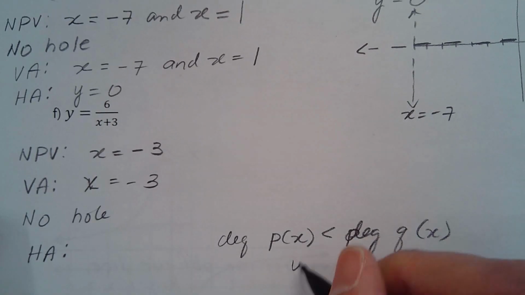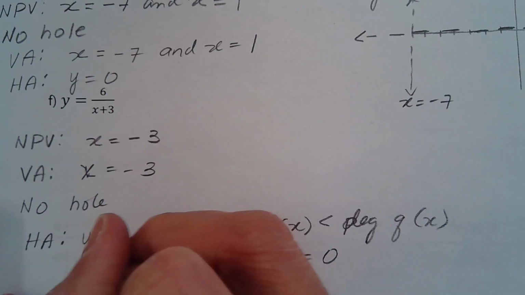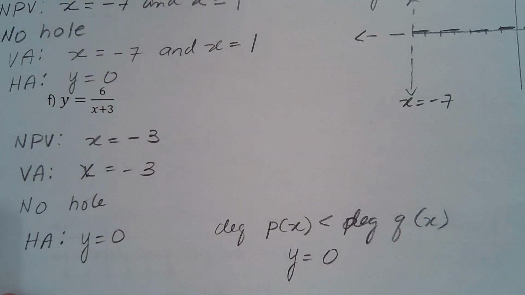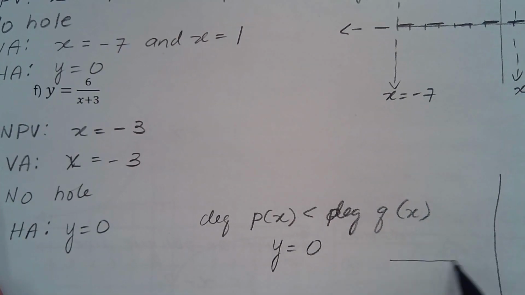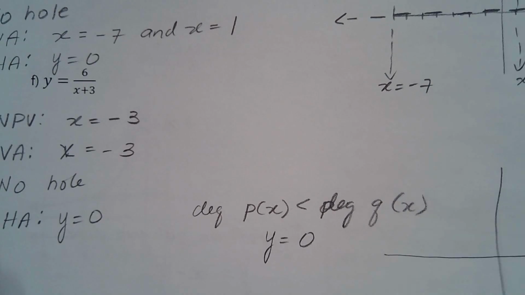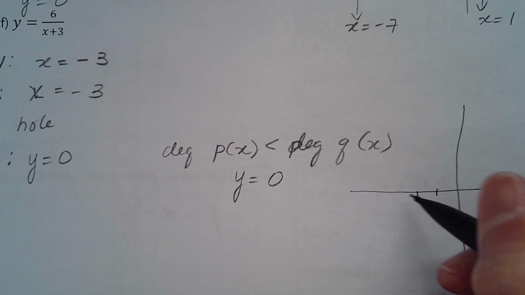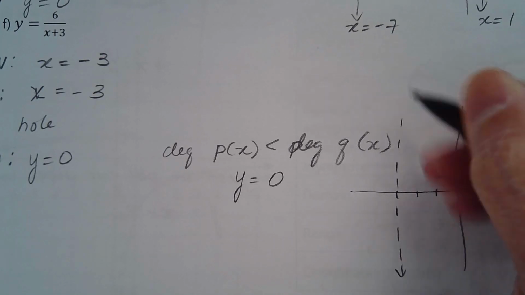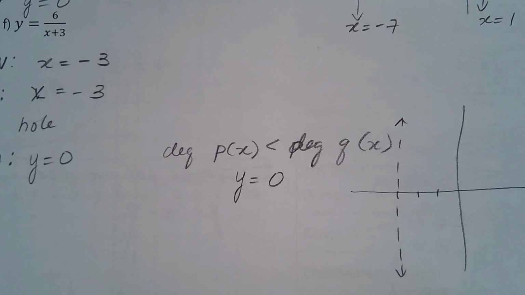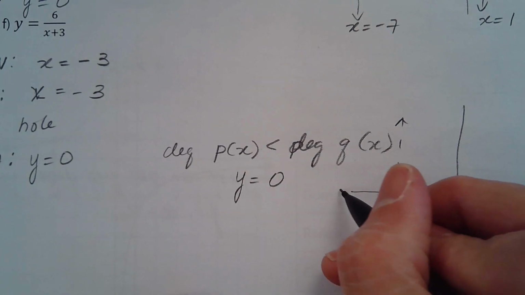So that really approaches y equals 0. Okay, so y equals 0. So what does that look like? Again, a very typical type of question. Vertical asymptote at -3. And then the horizontal asymptote at 0.